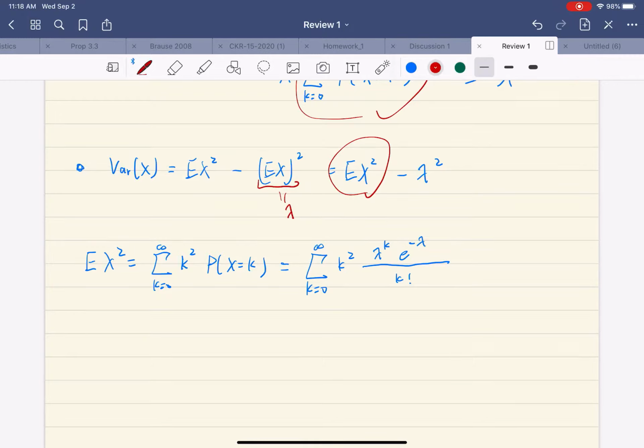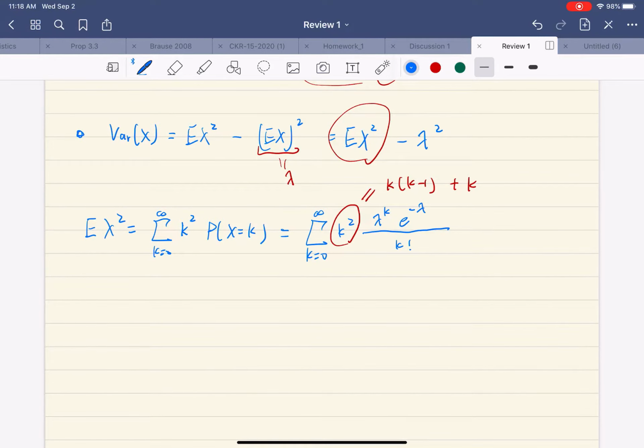Okay, but now we cannot cancel these two. So what we do is we change k squared to k times k minus 1 plus k. And you can see there's a magic.